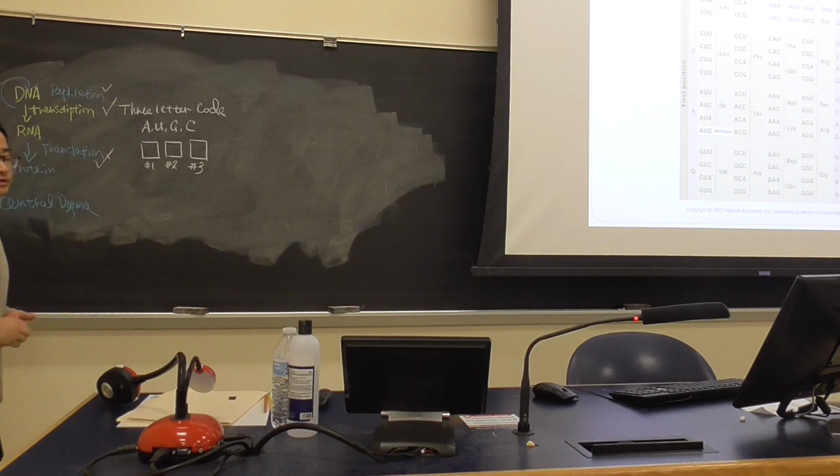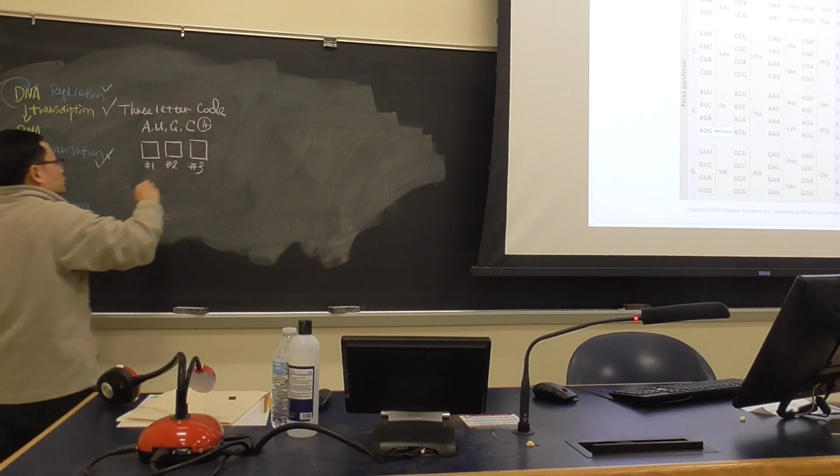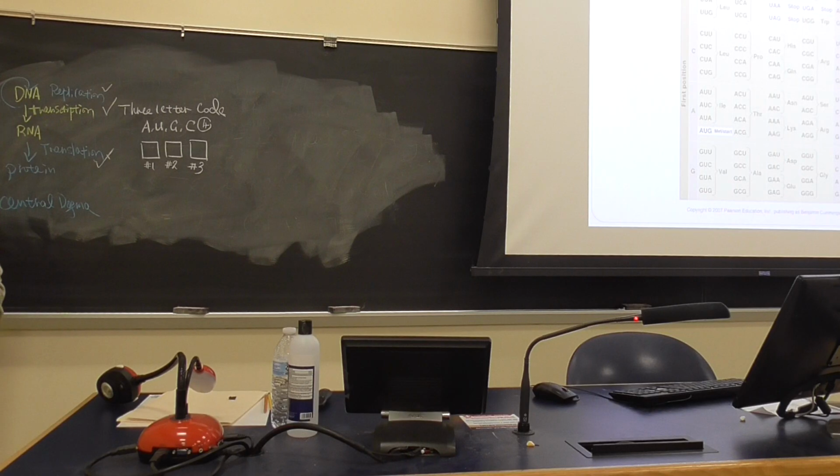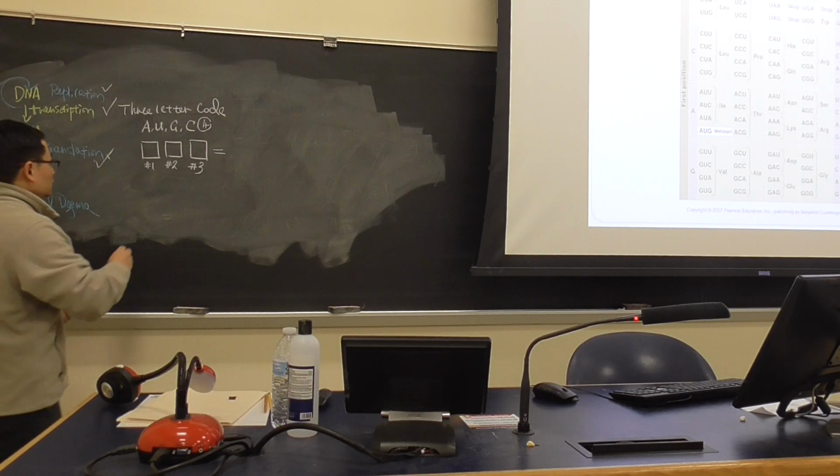So we have a first math question. If we have A, U, C, G, 4 different types of bases, and we have 3 boxes, theoretically, how many possibilities will form if it's a 3-letter codon? That's very simple, high school math.